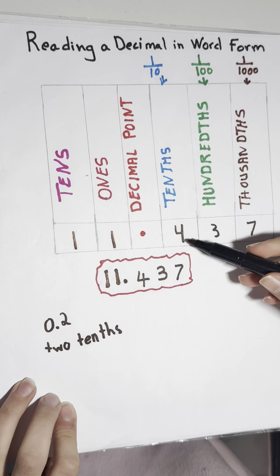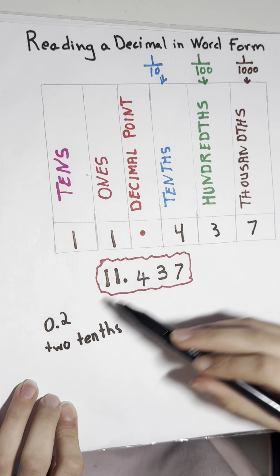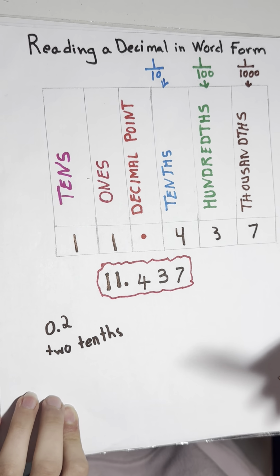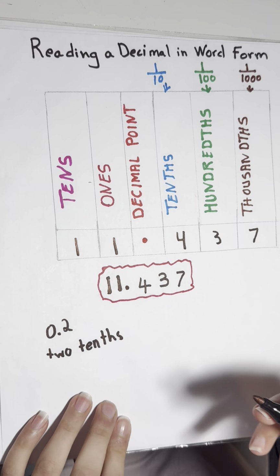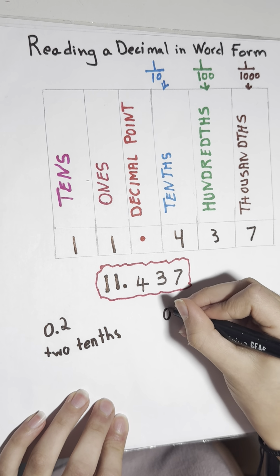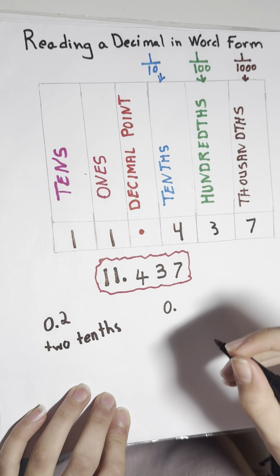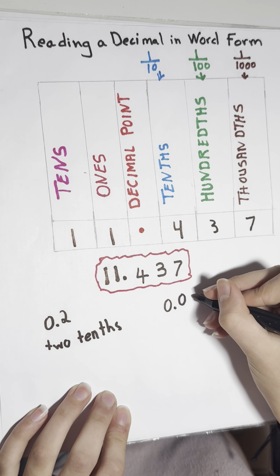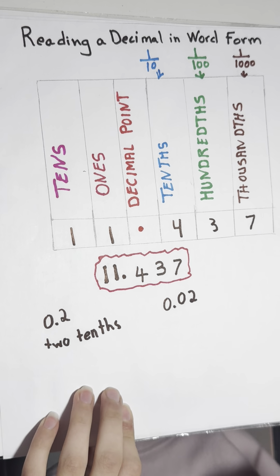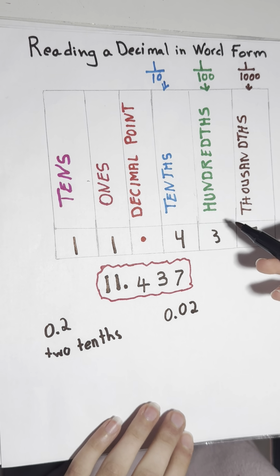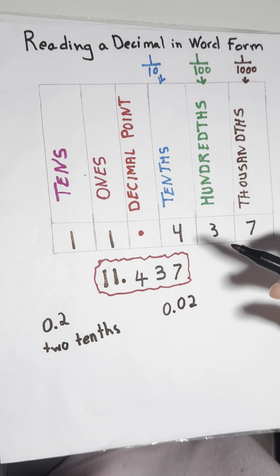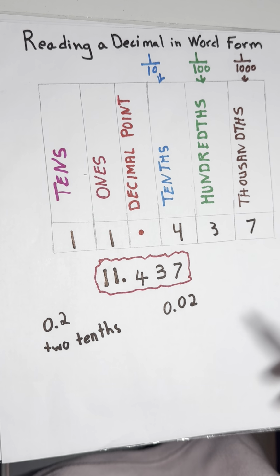Like right here, you would call this 4 tenths. Let's pretend there's a 2 there and it'll be 2 tenths. So how about we do another one? Got another 0, and then this is and, not a point, and then another 0 and 2. This one might look a little trickier, but this is just in the hundredths. Just looks a little more different.